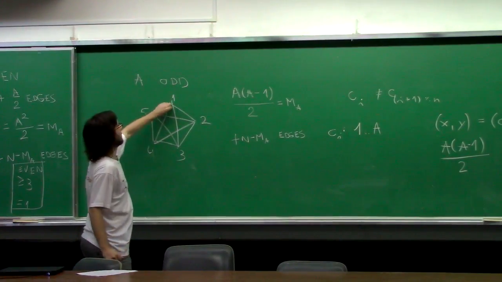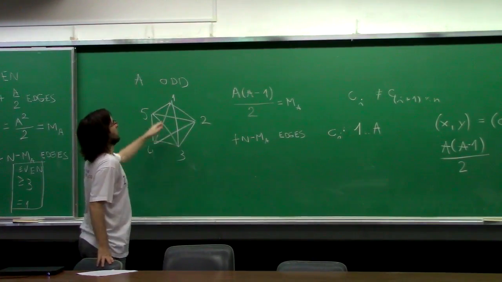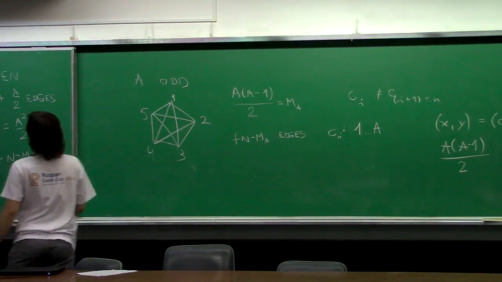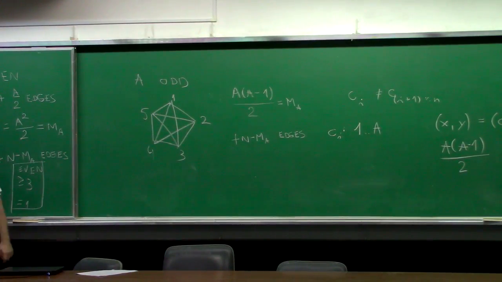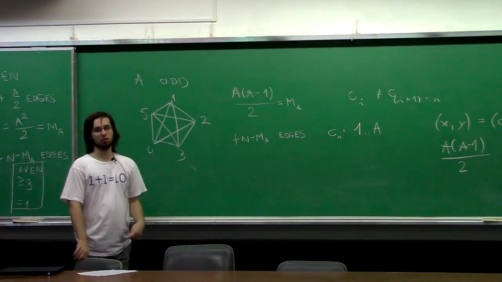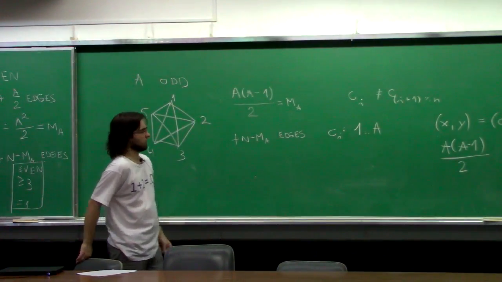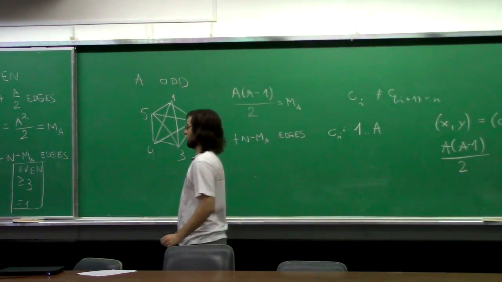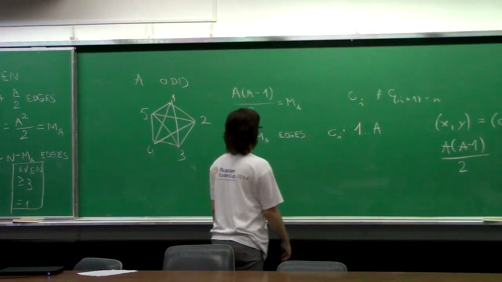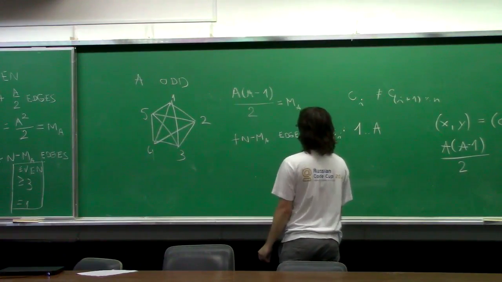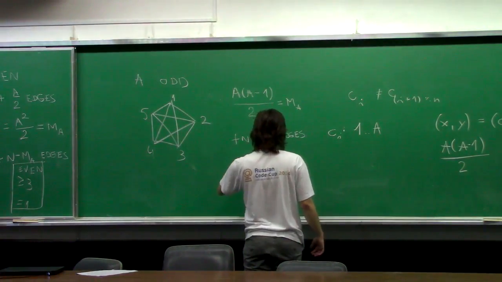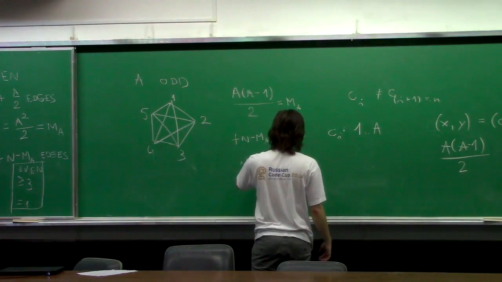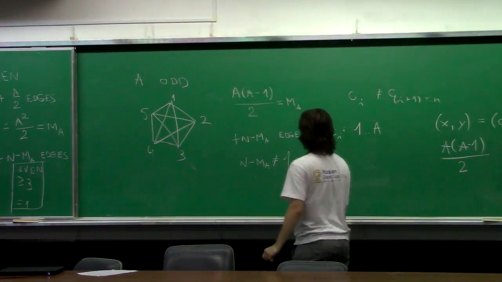Initially, each vertex in this graph has an even degree, so both of these conditions are already satisfied. We just need to add edges in such a way that the degrees will remain even, but we need to add one edge, and that would make 2 vertices with odd degrees, so it is impossible. So n minus ma doesn't equal 1.